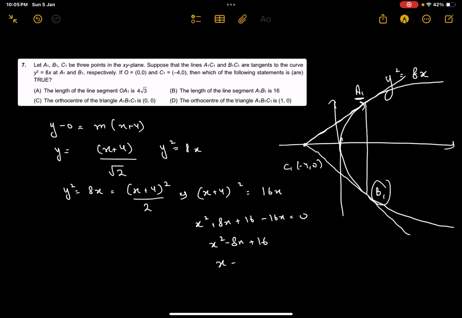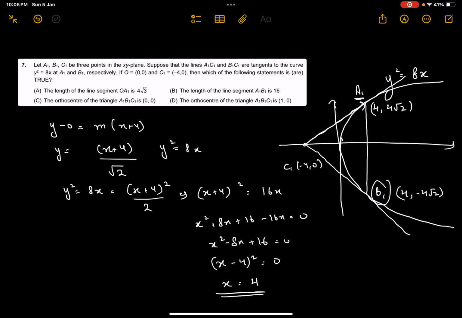This is (x minus 4) square. This gives us x equals 4. And this is expected because this is a tangent. We should get only one solution for x. So A1 becomes 4 comma y, where y square is 8x, which is under root 8 into 4, under root 32, which is 4 root 2. By symmetry, we can say that B1 is 4 comma minus 4 root 2.